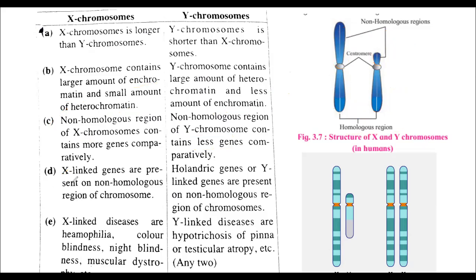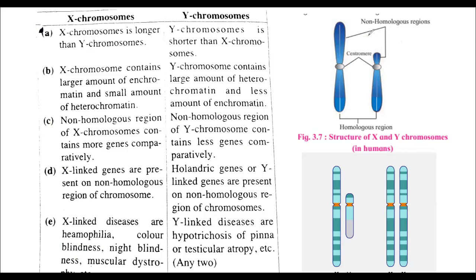But the X-linked genes, most of the genes which come from the X and give certain traits, which we will see in the later part of the chapter, are on the non-homologous region of the X, and Y-linked genes are present on the non-homologous region of the Y. Examples we will see later are X-linked diseases like hemophilia, color blindness, night blindness, muscular dystrophy.